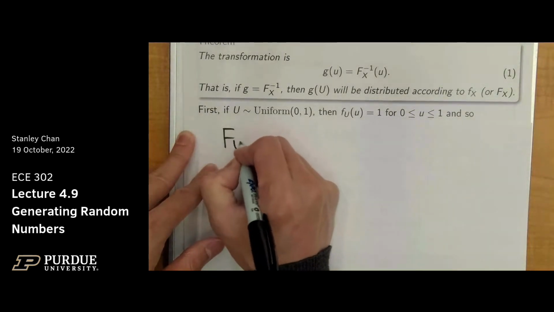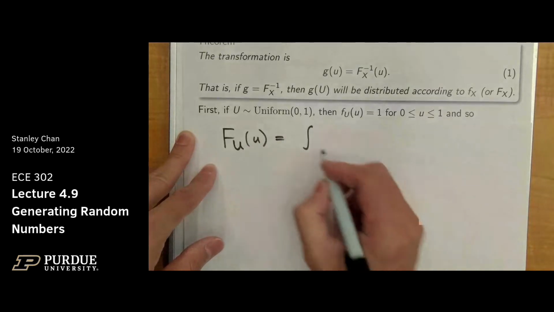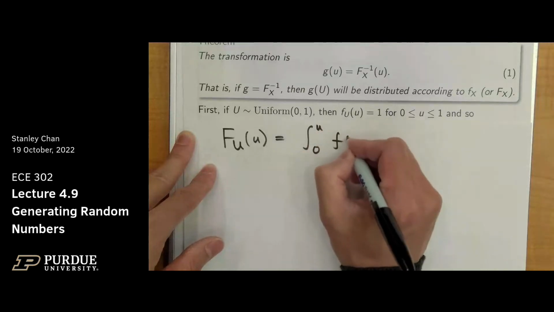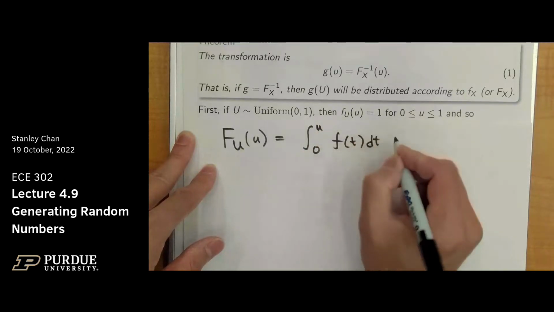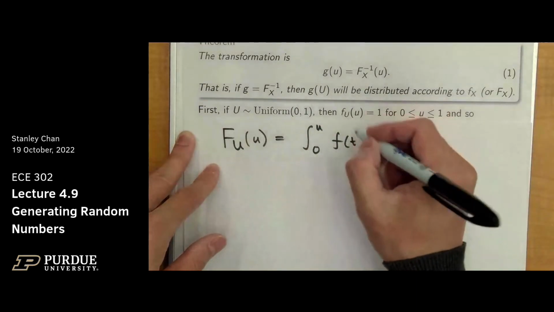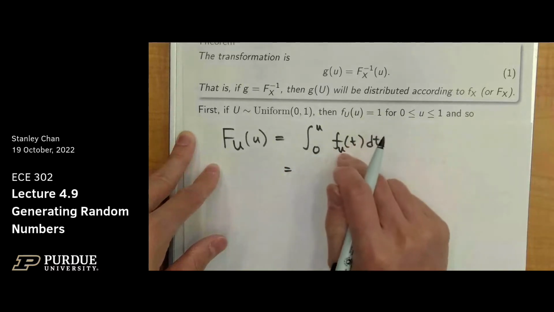F_U of u, which is the CDF, will be the integration from 0 to your small u of f_U(t) dt. This t is the dummy variable, and you know this is a uniform distribution, so I put a U here to denote that.